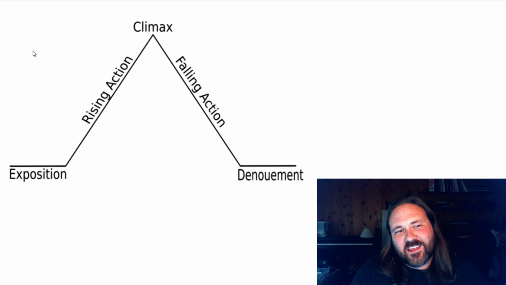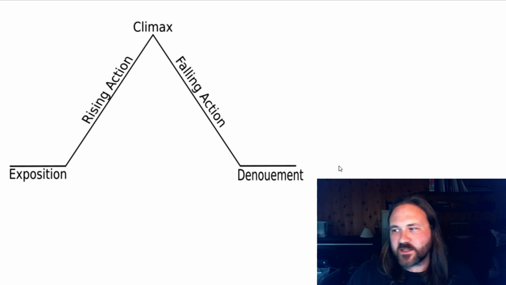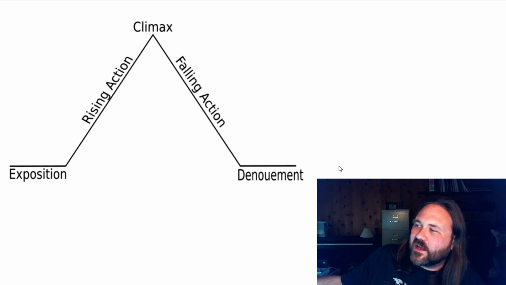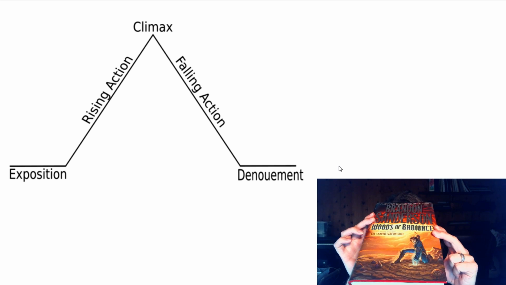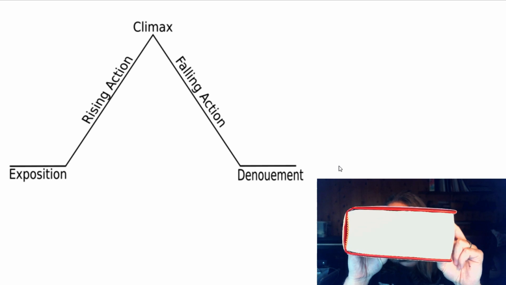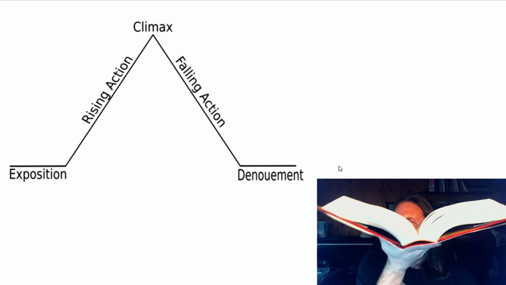I don't necessarily think this is a very good way to view a story, and as we dig into plot structure, that'll become more apparent, because it's just a pyramid. I remember this from when I was in school, but imagine you have a really big, thick book like Words of Radiance, right? This book's like 1,100 pages, which would mean that the climax is like here.